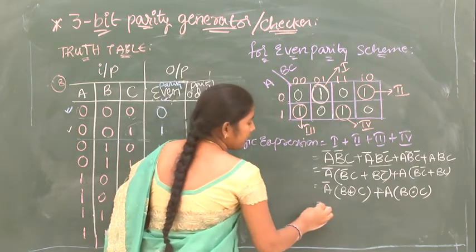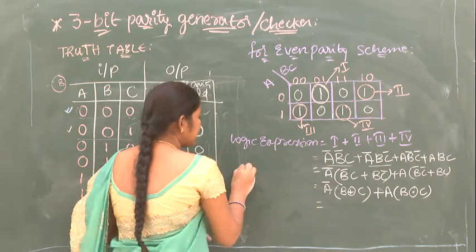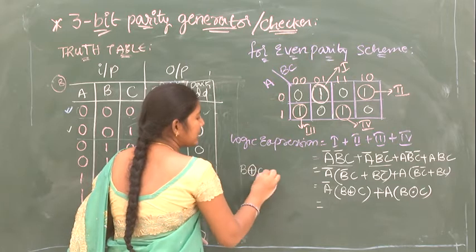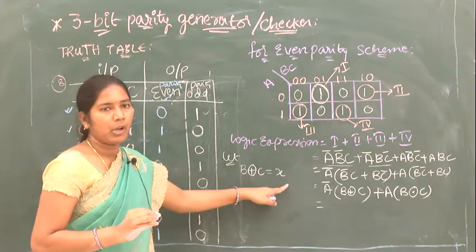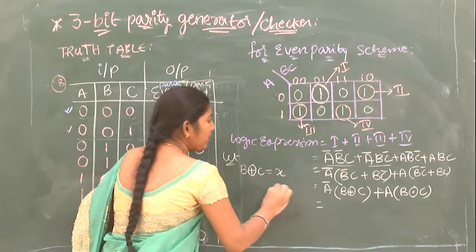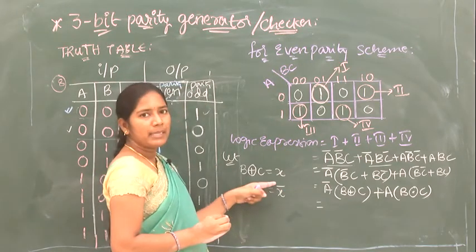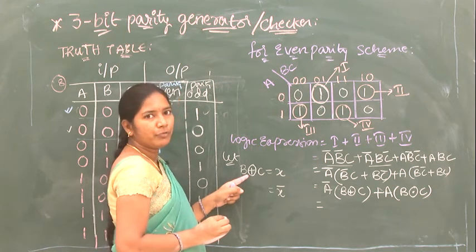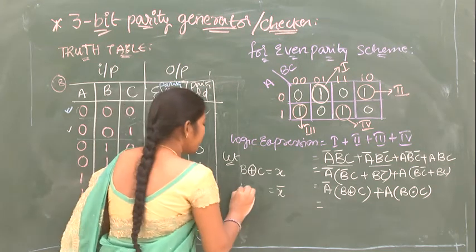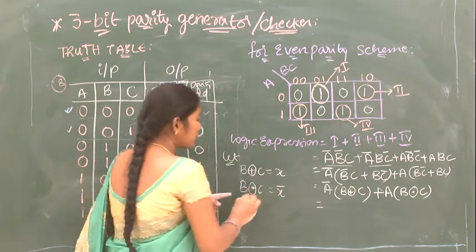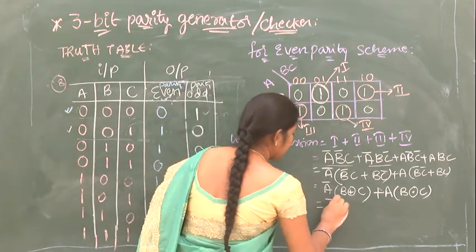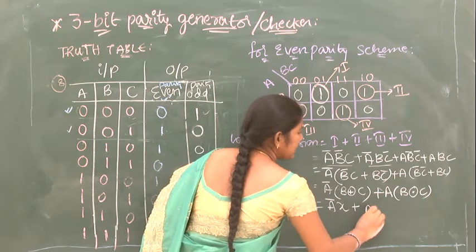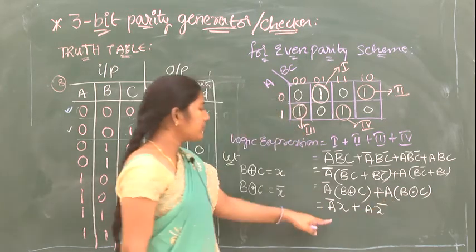Now you just see this B exclusive OR C, let us take it as X. Then what is X complement? X complement is the complement of B exclusive OR C, which is B exclusive NOR C. So I can write this as A bar X plus A X bar.